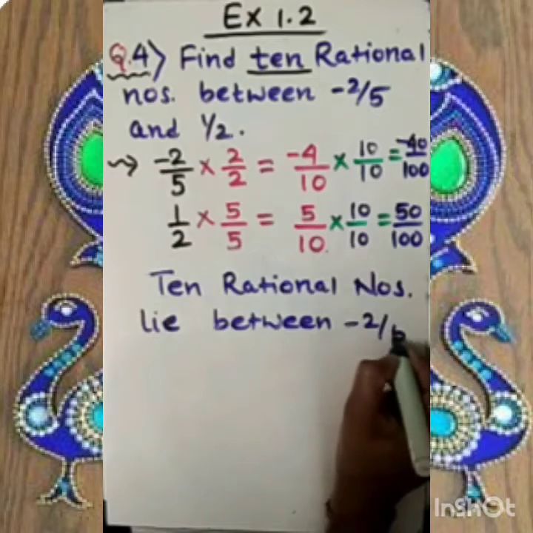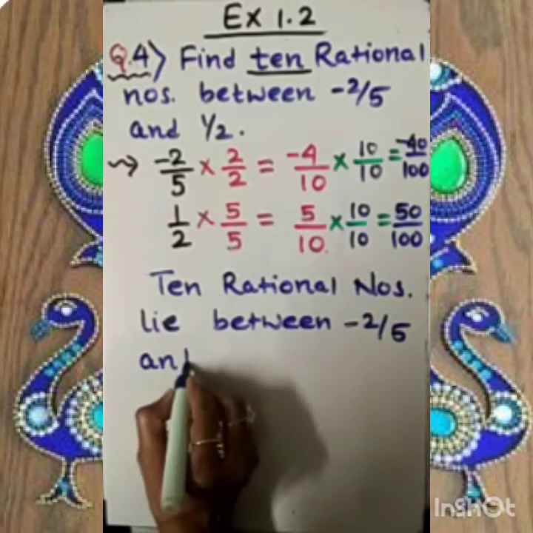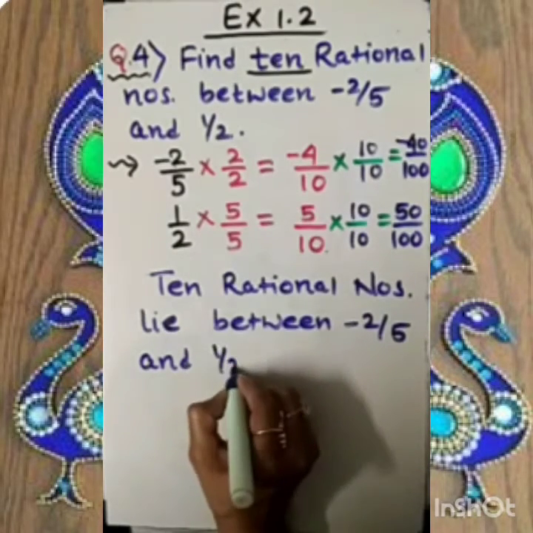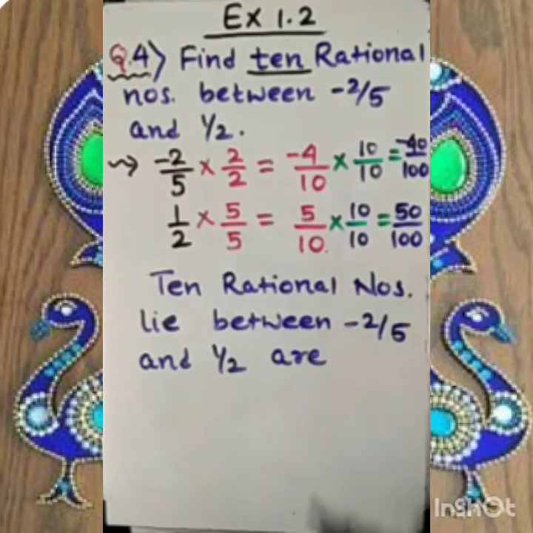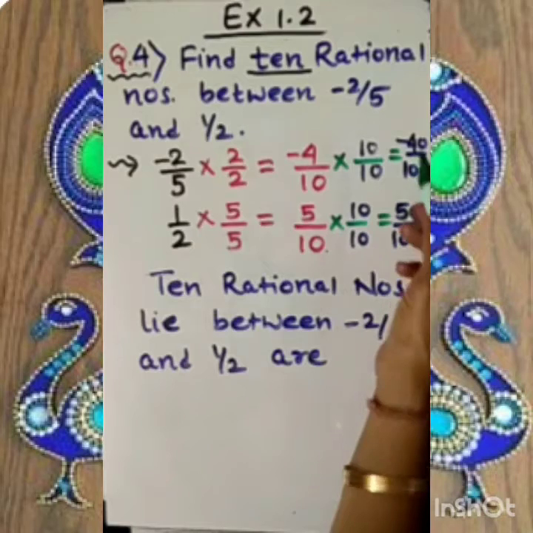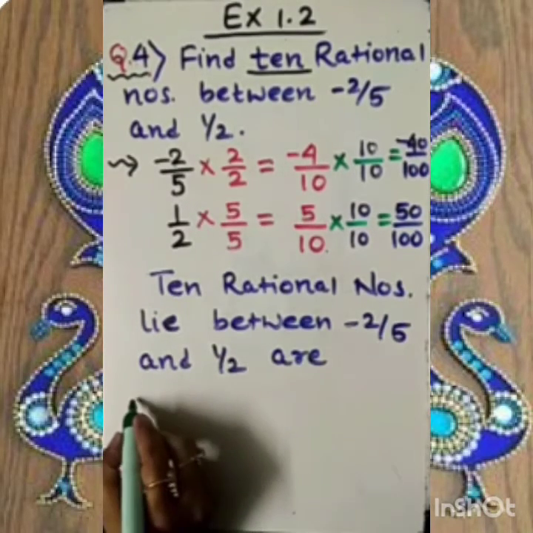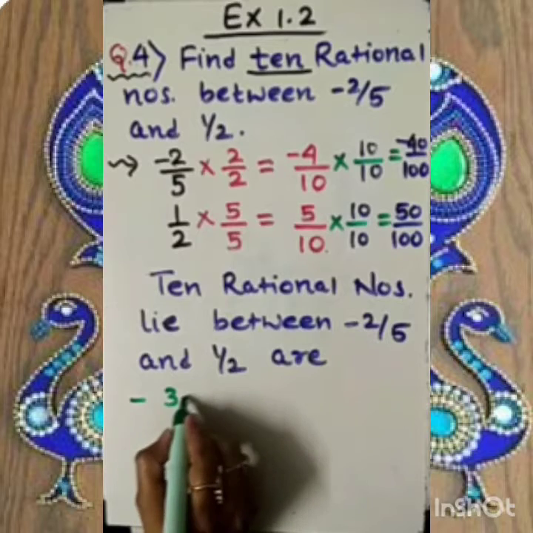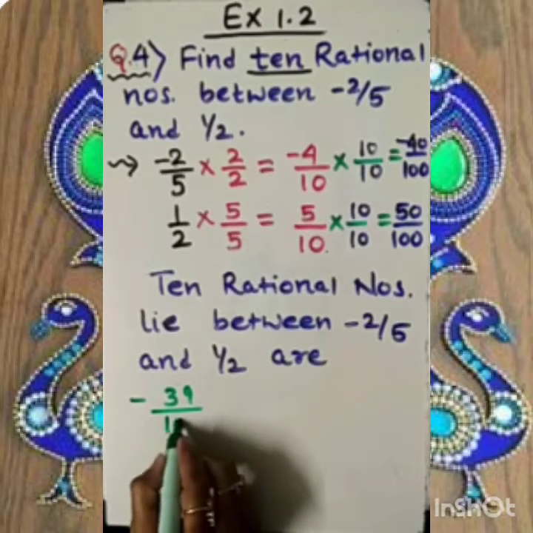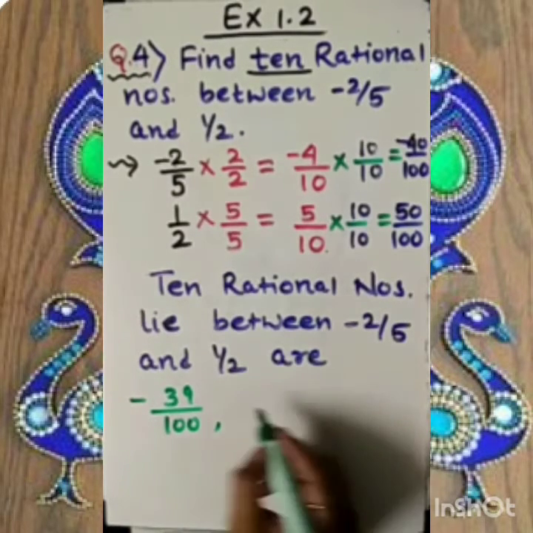Minus 2 by 5 and 1 by 2. Let's note down. Minus 40, we will begin with minus 40, we will not include that, so I am starting here. Minus 39 by 100, randomly I am choosing.